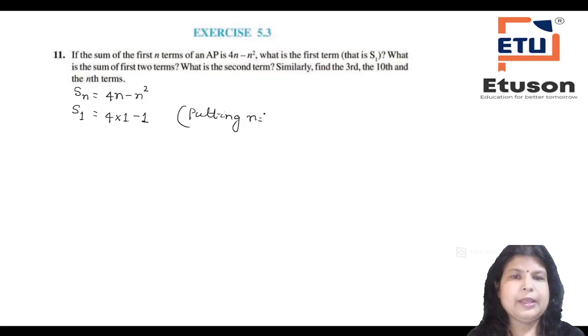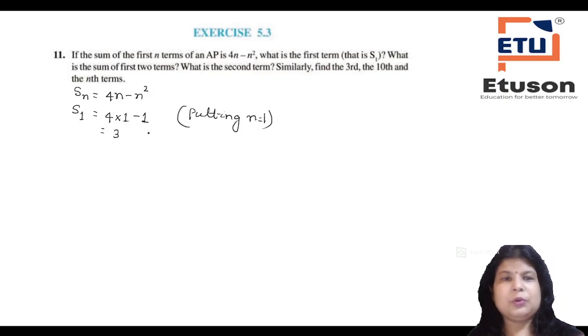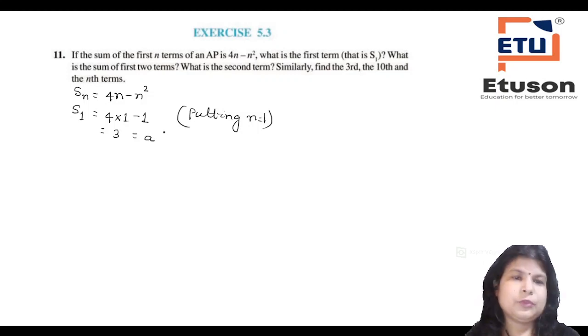That is equal to 3. Right? So this 3 which you have obtained now is nothing but the first term of the AP. Correct or not? First term of the AP.